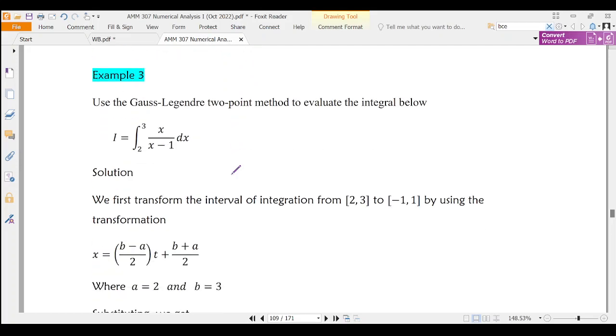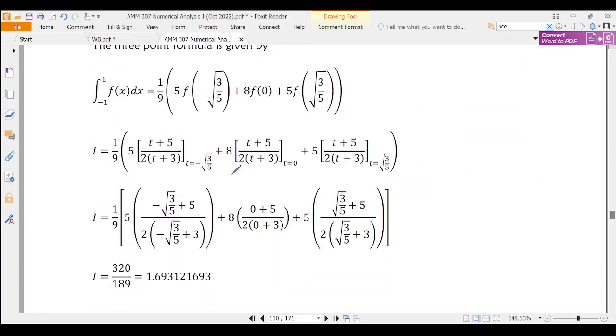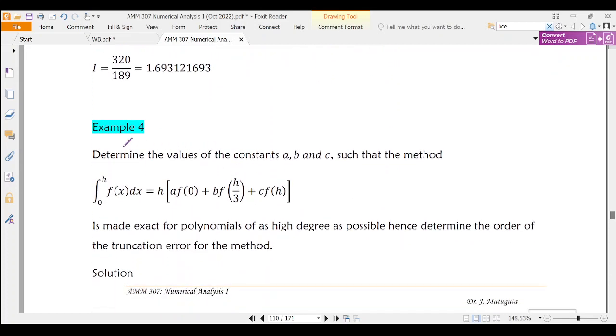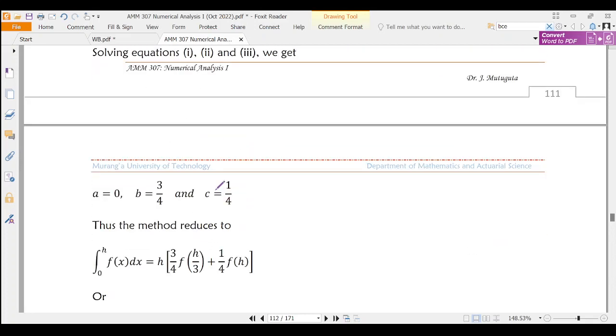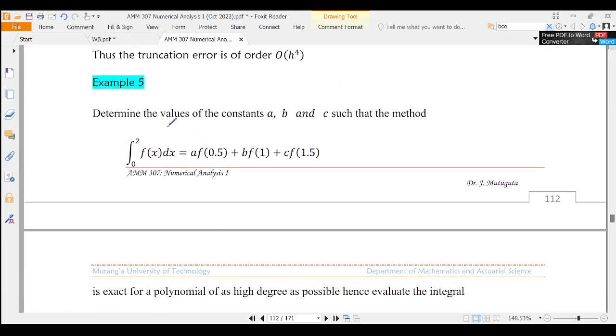We have an example here. Let me go to example number 5. You are given a problem like this one.